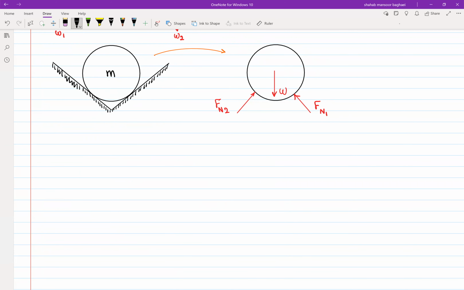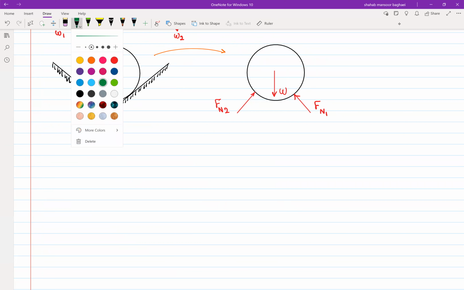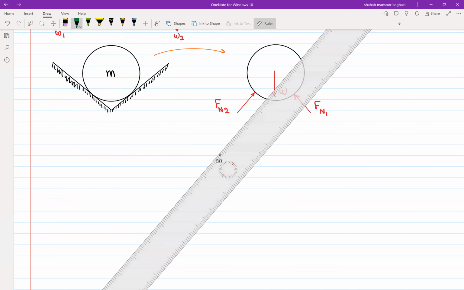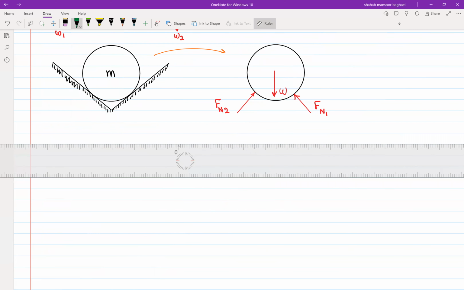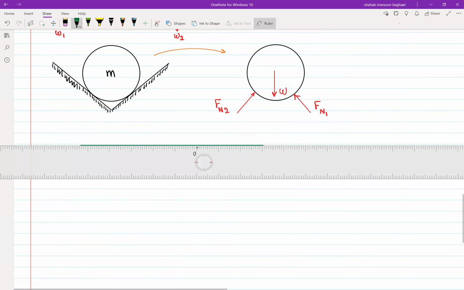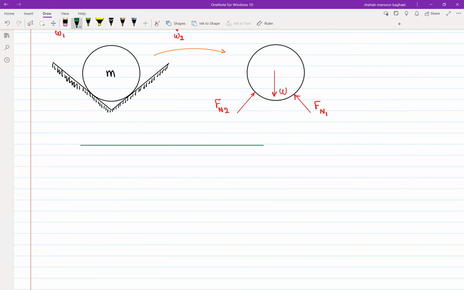In other words, your particle has a rectilinear motion which is horizontal, like this. For example, to the right or to the left. And according to this motion, I want to apply Newton's second law. Therefore, over here, we have horizontal motion.